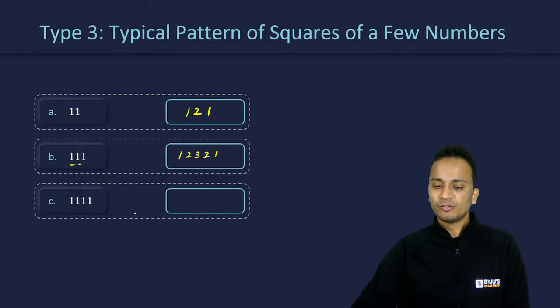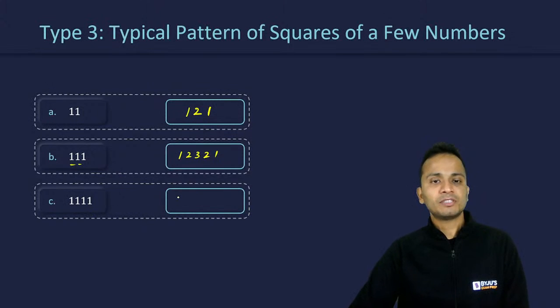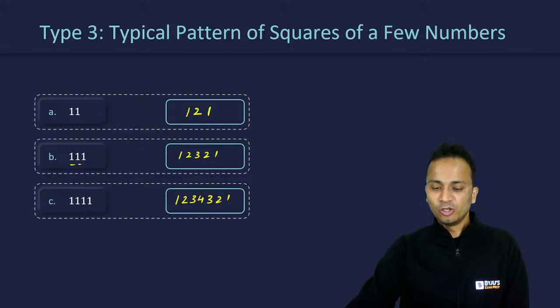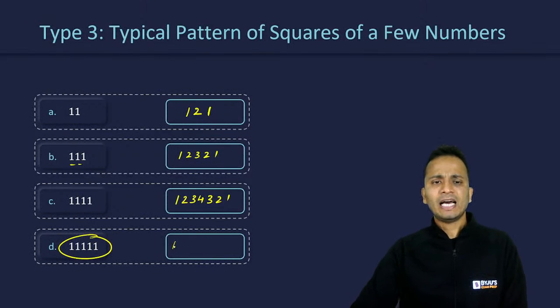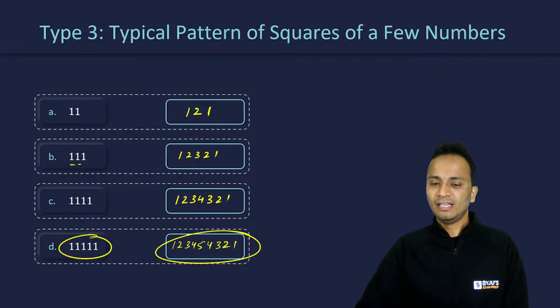So 4 times, so first of all, normal counting up till 4: 1, 2, 3, 4, and then reverse counting 3, 2, 1. So 1, 2, 3, 4, 3, 2, 1. Yes, it is the answer. Good, Pratyush, Dhaneshwar. Next, if I have 5 times 1, definitely I'll have 1, 2, 3, 4, 5, and then 4, 3, 2, 1 as my final answer.